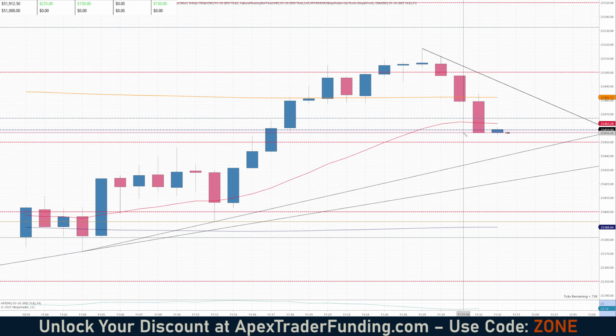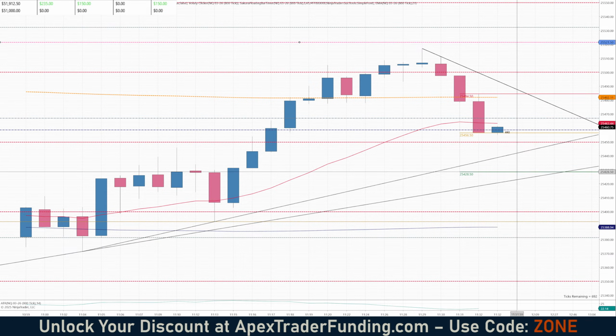Looks like we triggered bearish here, but we got 450 underneath us. We got all the EMAs underneath us as well in the 5-minute, so I was thinking about taking a buy here.